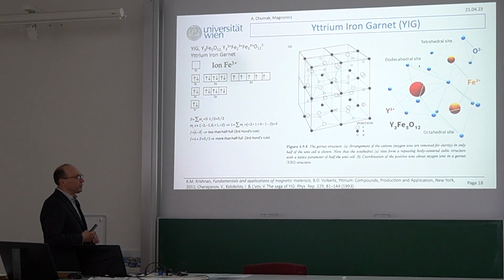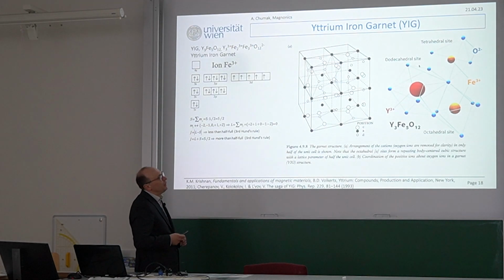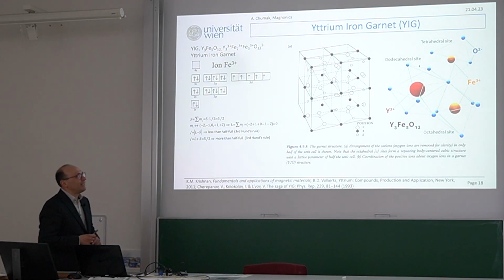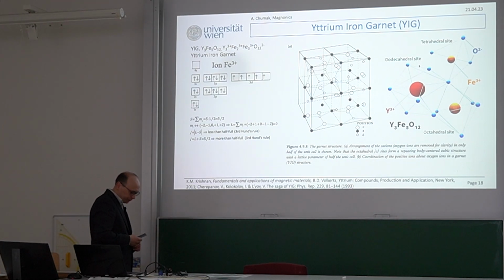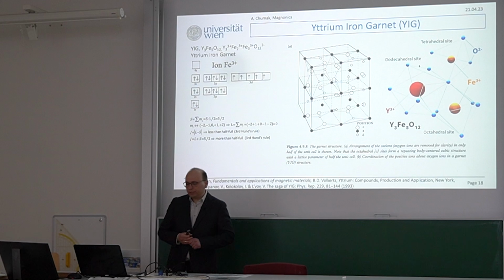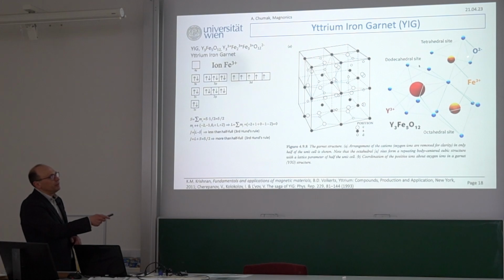And cubic structure. So why did we split it into two parts, these ions, Fe 3+ and Fe 3+? Because these iron atoms can sit on different sites of the crystallographic structure. Some of them are in octahedral sites and some of them are in tetrahedral sites. In this case, we don't have direct Heisenberg exchange, but the magnetic moments are coupled through oxygen atoms.